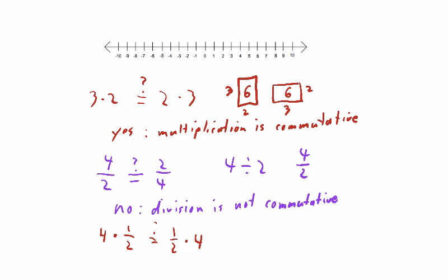And if we put a question mark here, we could say that is a definite yes. So just like for addition and subtraction, we can change subtraction problems into addition problems. We can also change division problems into multiplication problems so that we can take advantage of the commutative property.